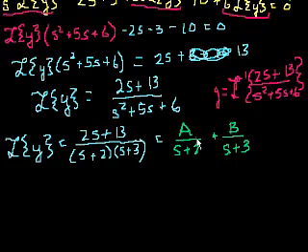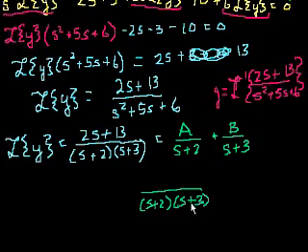Well, let's do a little side here. If we were to add a and b, if we were to give them a common denominator, which is s plus 2 times s plus 3, then what would a become? We'd have to multiply a times s plus 3, so we'd get as plus 3a.